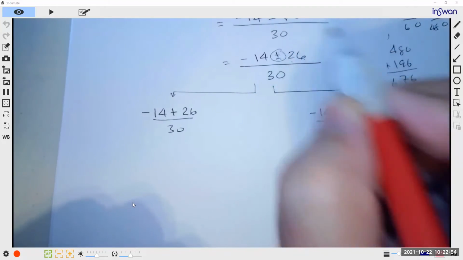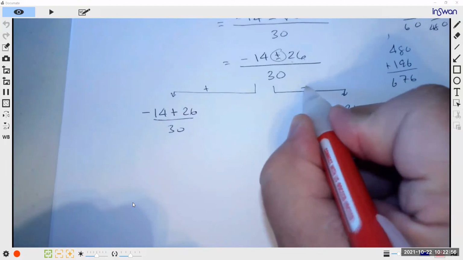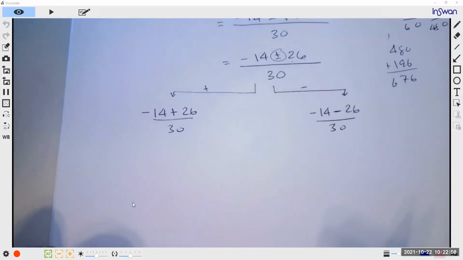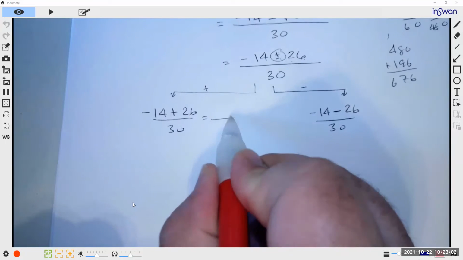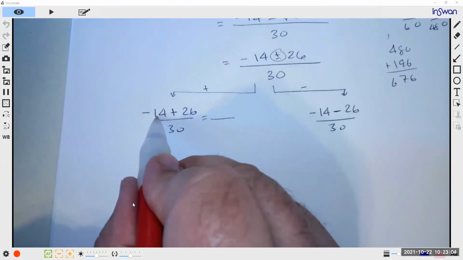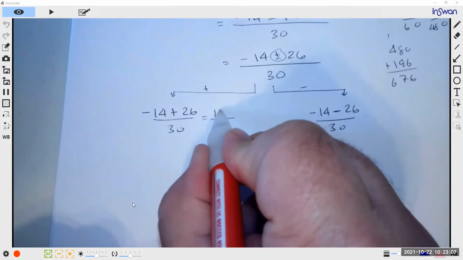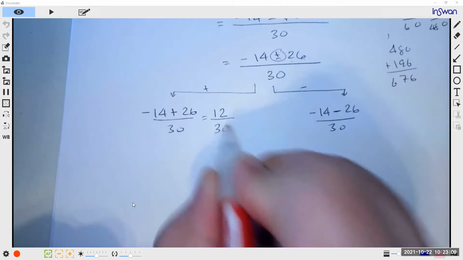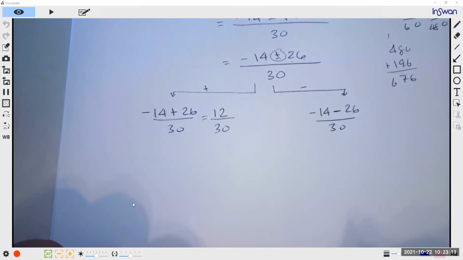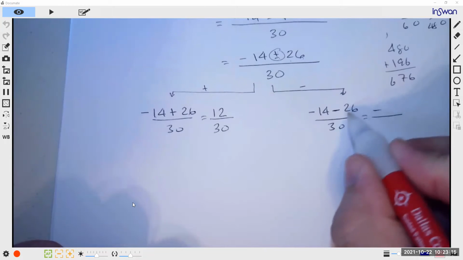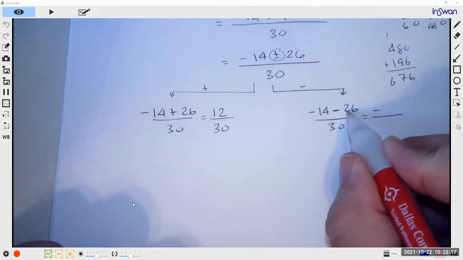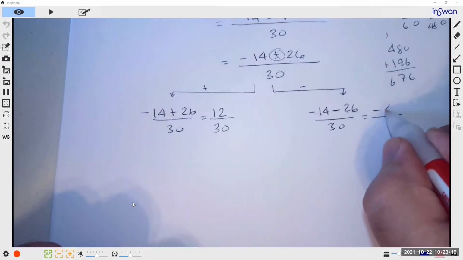Because we have to take one for each side. This is the plus side, this is the minus side, or however you want to call it. 26 minus 14 is 12. They're both negative, so we add them. 26 plus 14 is 40.